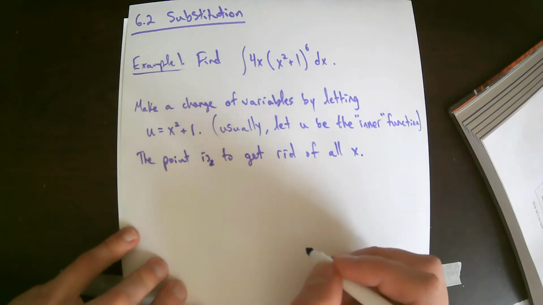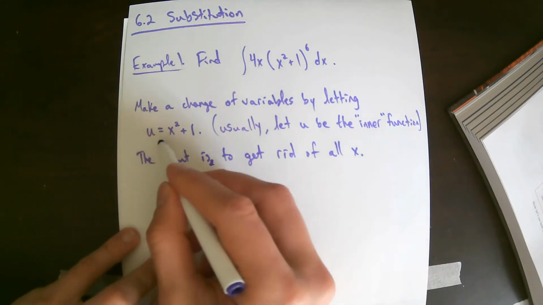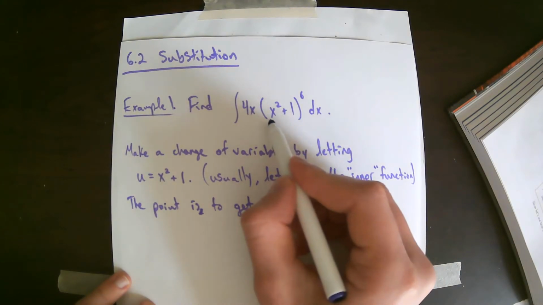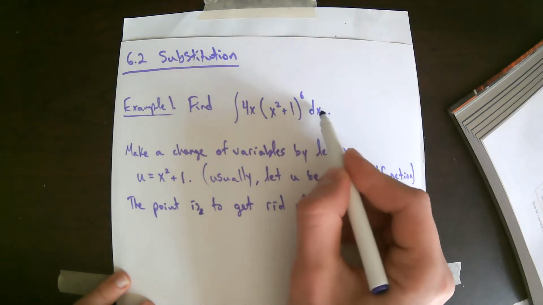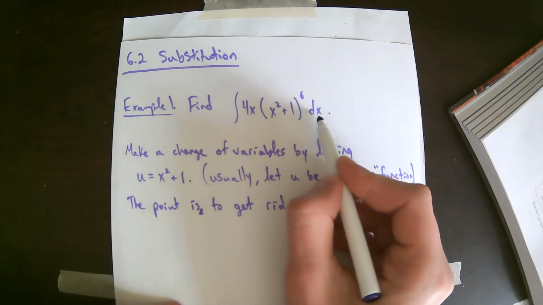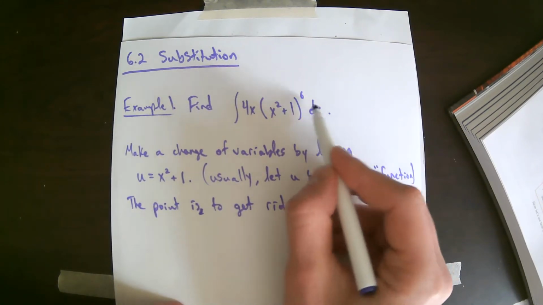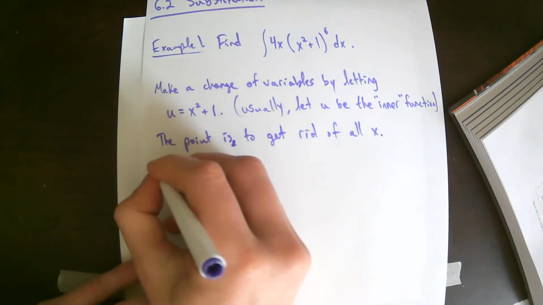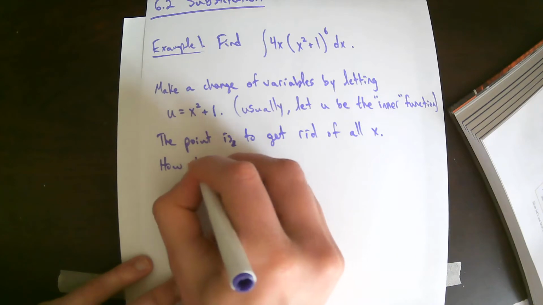They need to be replaced with u. So right now I've replaced x squared plus 1 with a u, but I've also got this x, and I've got this dx, which is going to be the most important thing to get rid of, because this is what tells me what I'm integrating with respect to.